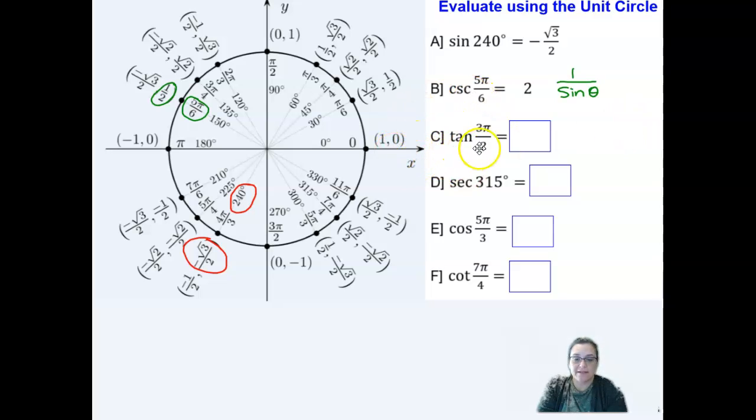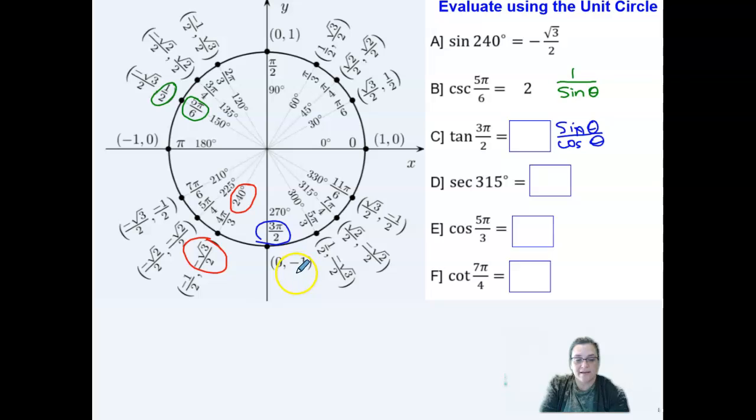Let's look at the tangent now of 3 pi over 2. Tangent is the ratio of the sine divided by the cosine. That's the quotient identity, sine of theta divided by cosine of theta. So 3 pi over 2 is quadrantal along the negative y-axis.